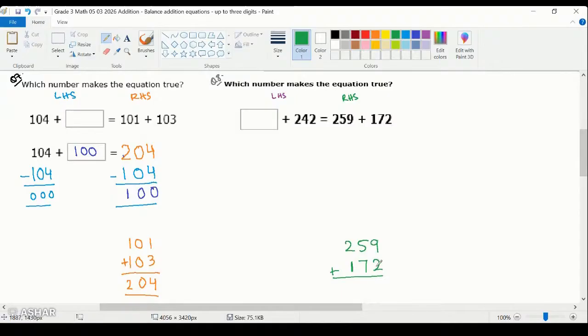9 plus 2 is 11. We have 11 ones. So we write 1 and carry 1 ten. 1 plus 5 is 6. 6 plus 7 is, we know that 6 plus 6 is 12, then 6 plus 7 should be 13. 13 tens means 130. We write 3 tens and 1 hundred. 1 plus 2 is 3. 3 plus 1 is 4.